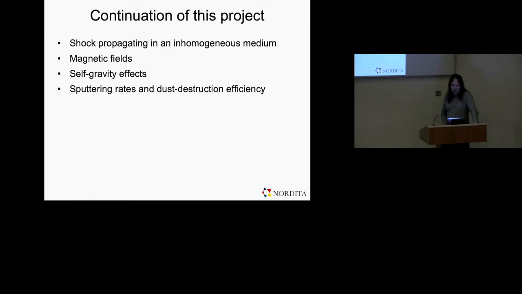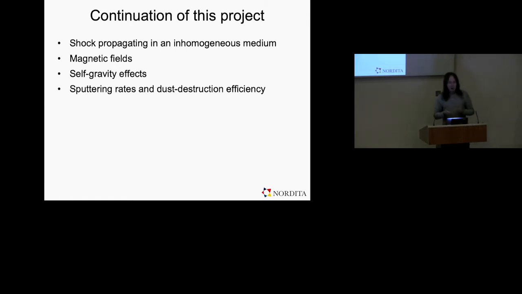And maybe there can also be self-gravity effects, because if you calculate the Jeans wavelength for this problem, it turns out that the lumps, the structures that you form in the expanding shell, are of that order. So you could, in principle, have self-gravity effects that could play a role.